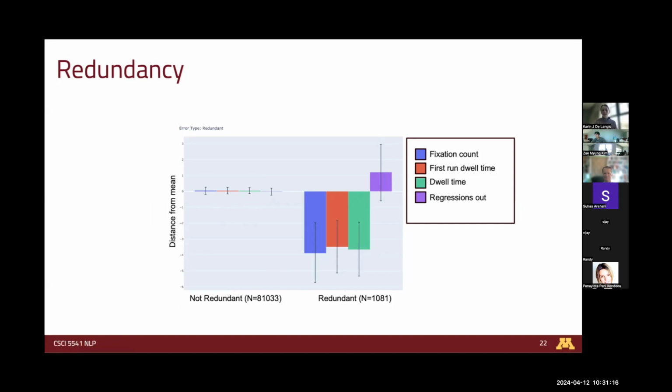And we see that the redundant text points have basically just lower dwell time. So people don't spend so much time reading them, which makes intuitive sense. Not too surprising there, but we do like to see that because it's at least a little bit of a sanity check for our data.